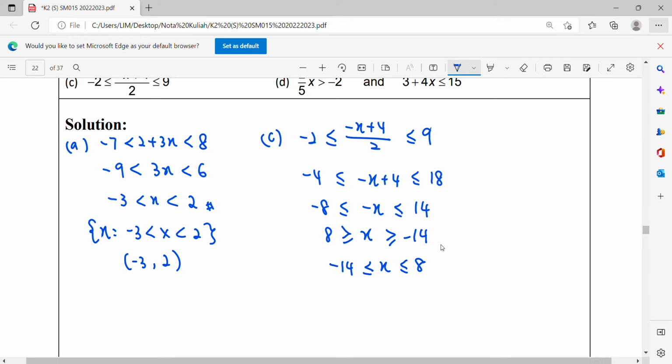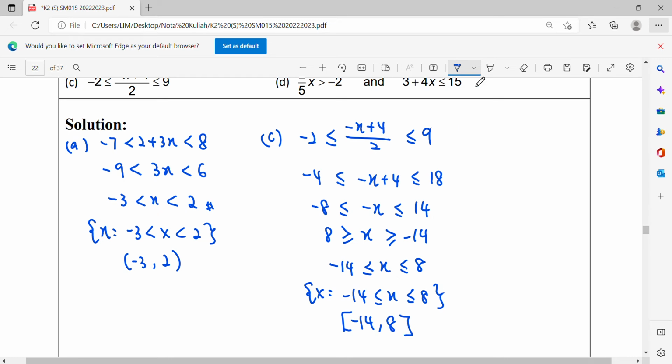If you want to put it in set notation or interval form, interval form will be a closed bracket because negative 14 is included and 8 is also included.